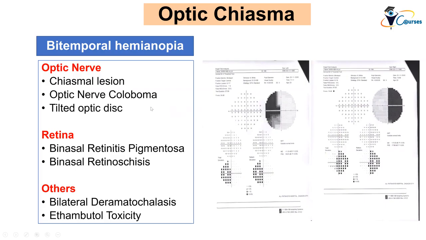Also, optic nerve coloboma can cause bitemporal hemianopia. Tilted optic disc can also cause bitemporal hemianopia. The same retinal lesions that we discussed earlier will cause bitemporal hemianopia if they involve the nasal retina. So if there is nasal retinitis pigmentosa, or binasal retinoschisis, this will result in bitemporal hemianopia.